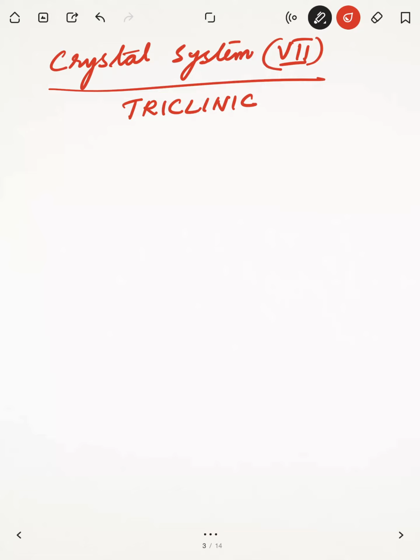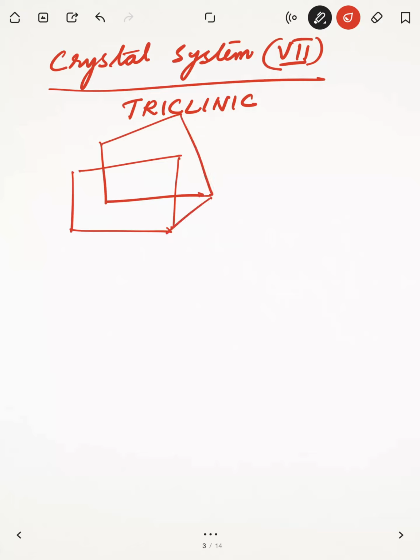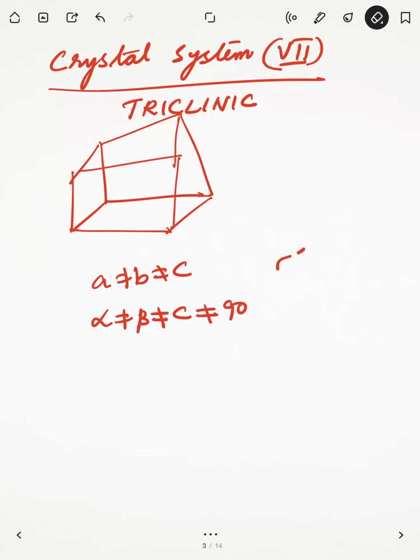Here A is not equal to B, which is not equal to C. I am drawing that; you can draw in any format. A is not equal to B, which is not equal to C, and all angles are different: alpha is not equal to beta, which is not equal to gamma, and not equal to 90. So you can draw in any format.